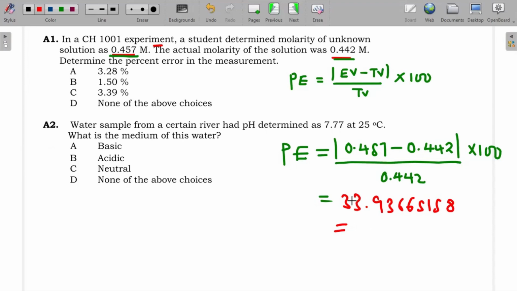Just round it off to 2 decimal places. That would be 3.39%. Counter check with your calculator, then check if you have an answer which is closer to that. We can see it there, so we pick C as our best answer.